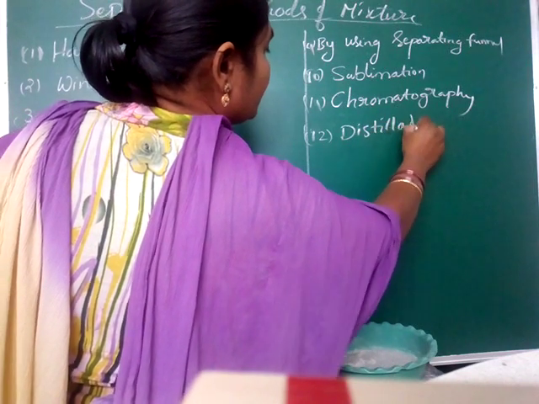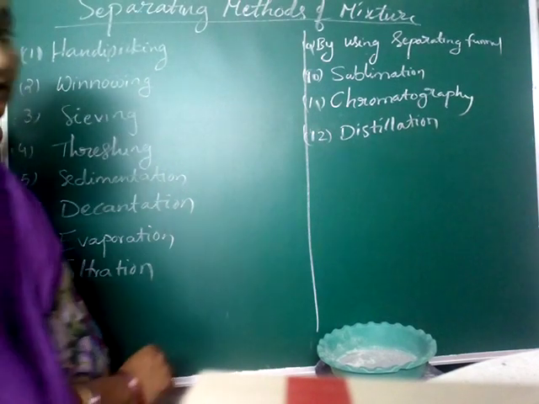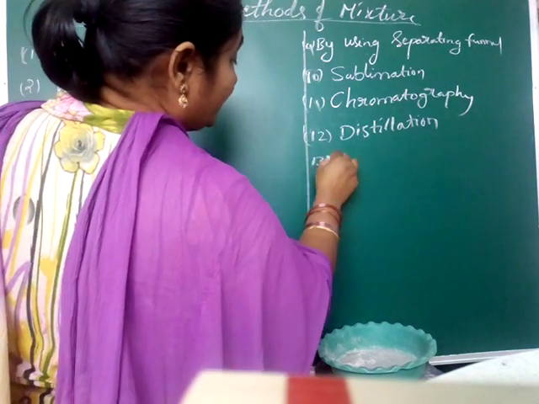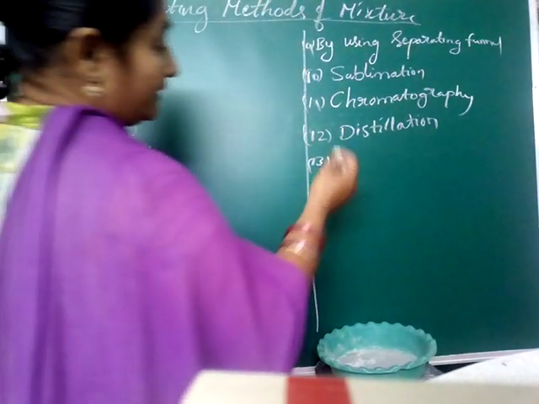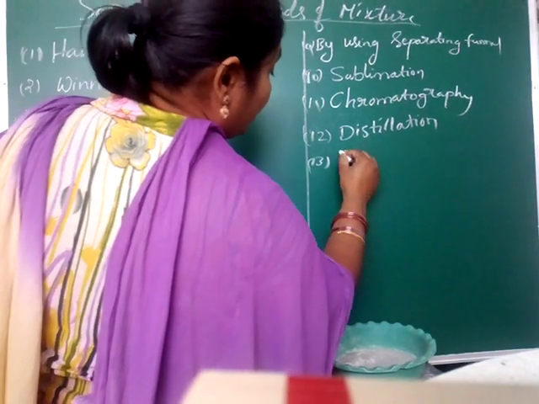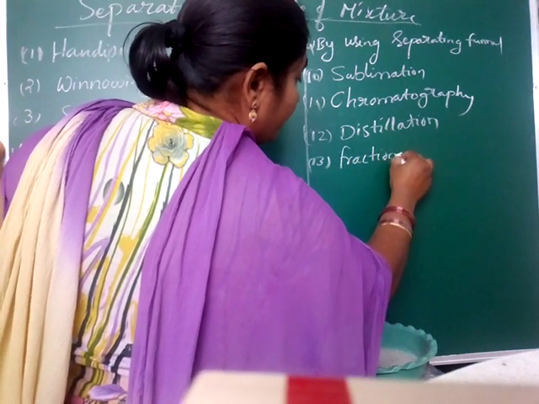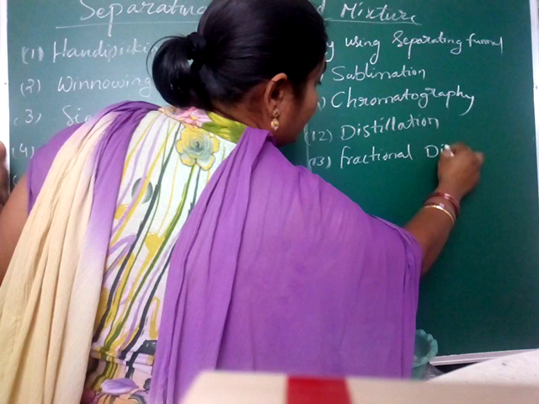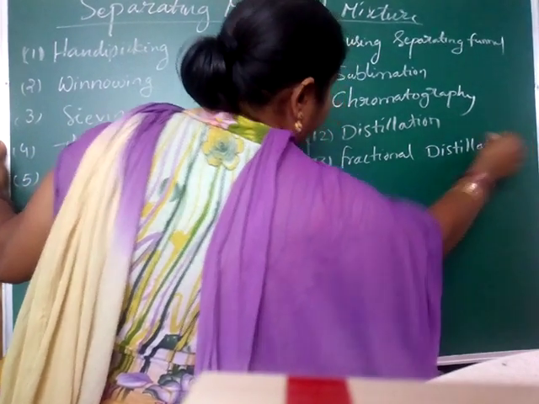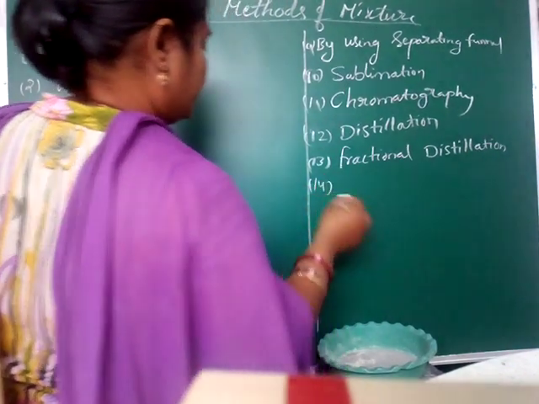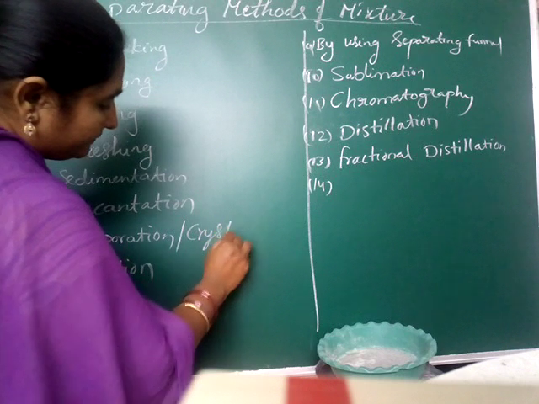Distillation is another process. It is used to separate miscible and immiscible solutions. Already we know the definitions of miscible and immiscible. And fractional distillation. And evaporation, here only you can take crystallization also.